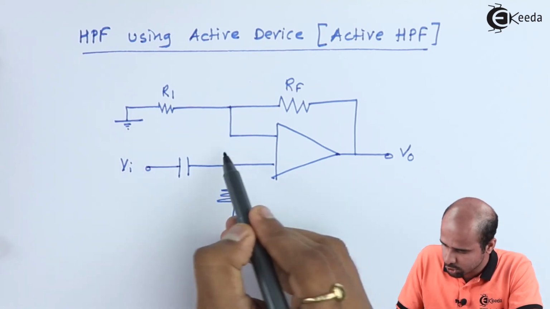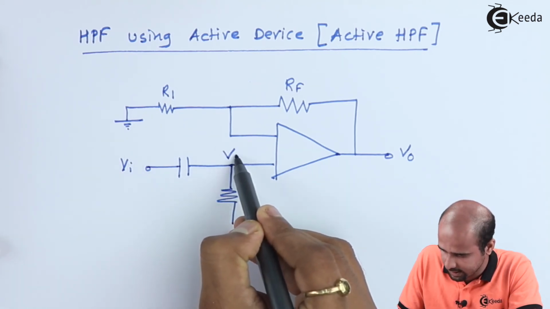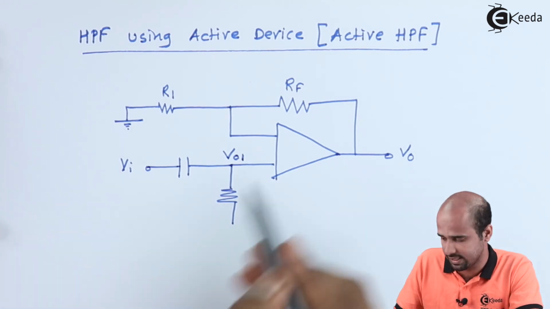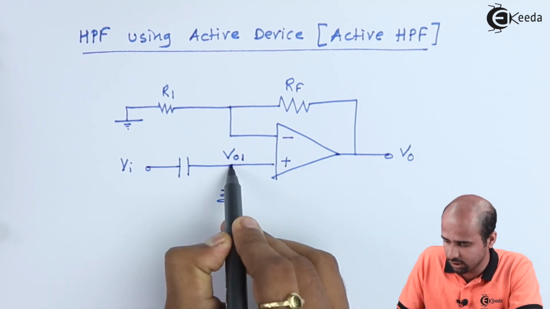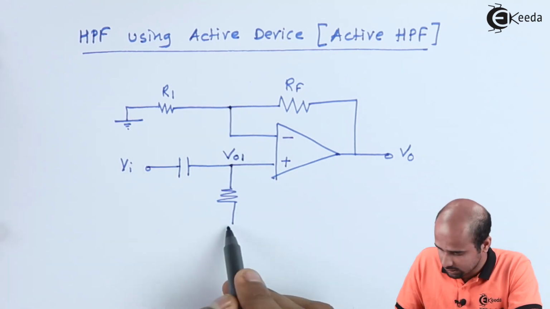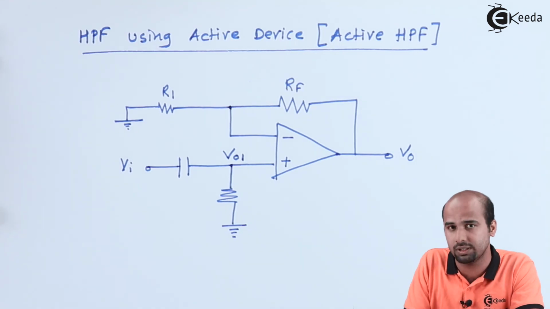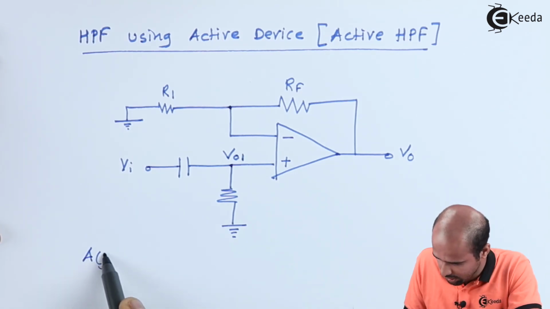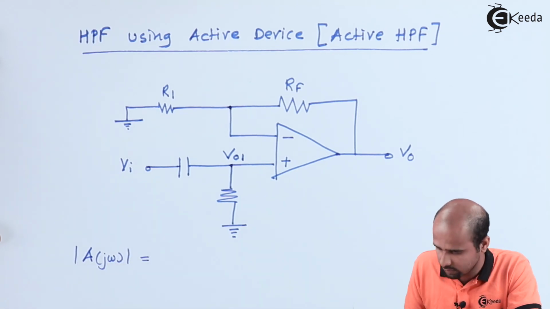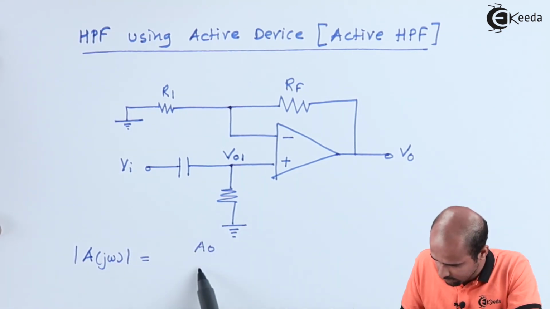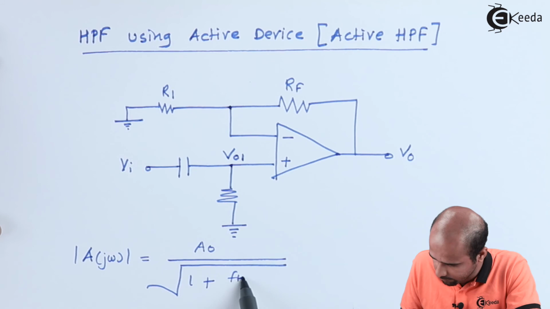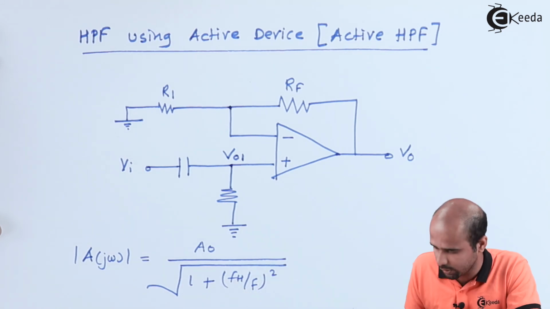Input is given over here. Whatever value we are getting, let's say this is VO1. According to the virtual ground concept, whatever value we have here will be the same over here. So according to the non-inverting amplifier gain, we will get the gain A j omega equal to A0 divided by under root of 1 plus fh upon f the whole square.